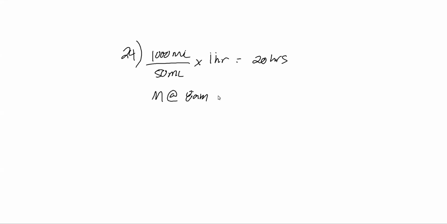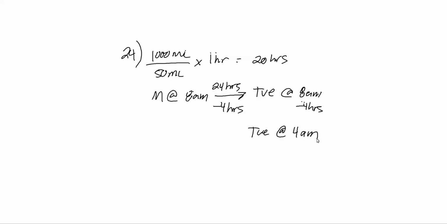I always say, if you were to do 24 hours, it would be Tuesday at 8 a.m. If you subtract 4 hours from that, it's Tuesday at 4 a.m. And that's what they're looking for you to do.